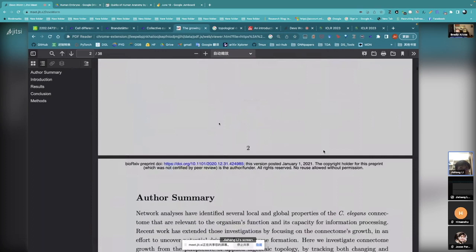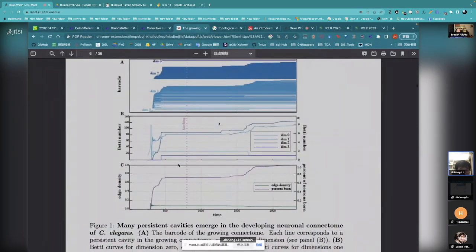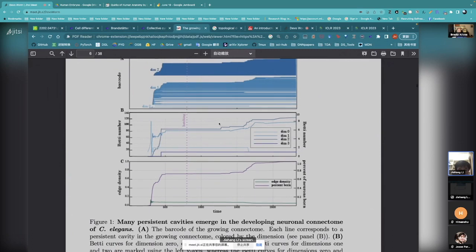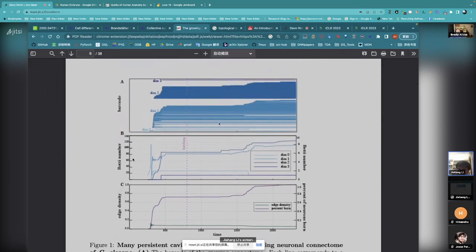I want to show one plot. If you look at this figure, many persistent cavities emerge in the developing neuron connectome of C. elegans. You can see names like barcode, Betti number, and so on.